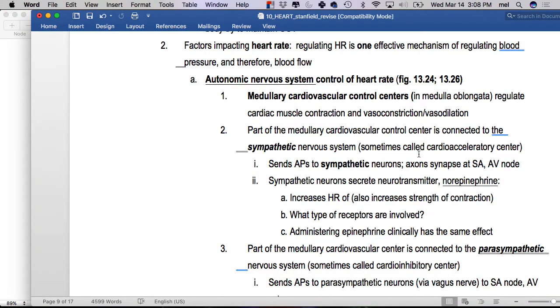Do you remember, without looking, which part of the brain controls heart rate? Medulla oblongata. Good. So what we're going to have is the medulla oblongata is going to get to decide under what circumstances we will activate the sympathetic nervous system or activate the parasympathetic nervous system. It's all subconscious decisions, but it's still the decider.